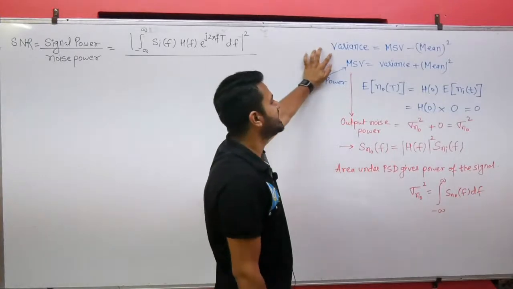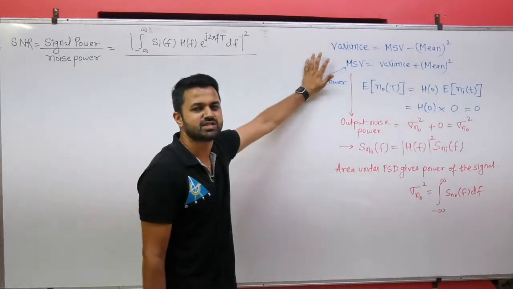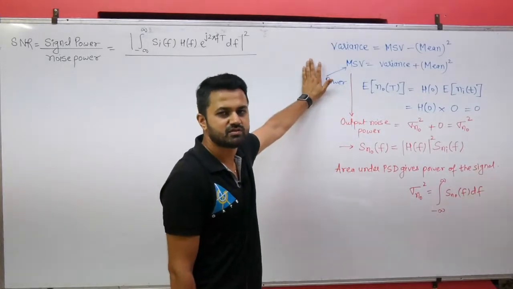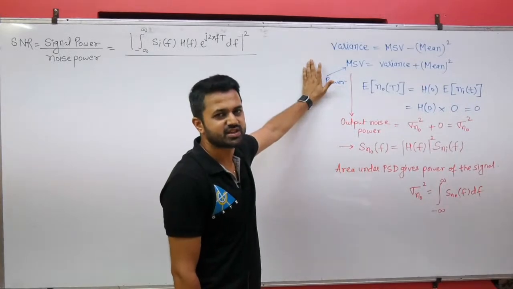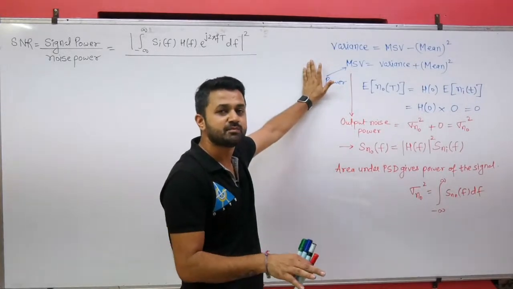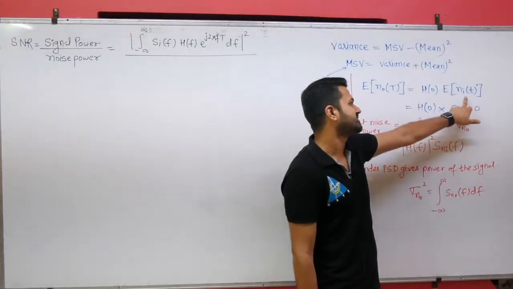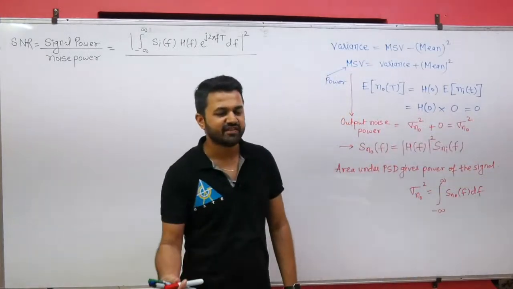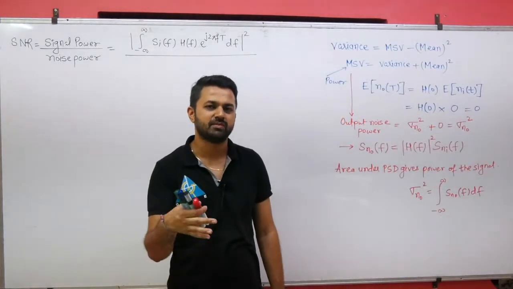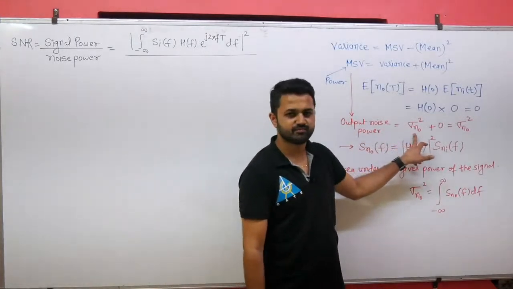Because the variance is equal to mean square value minus mean whole square, and the mean square value is equal to variance plus mean whole square, and the mean of the output of the matched filter is 0 because mean of the input of the matched filter is 0. So the output is having 0 mean, that means the power will be equal to the variance. Okay.